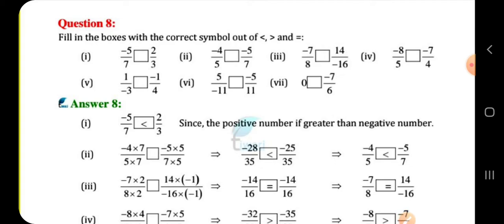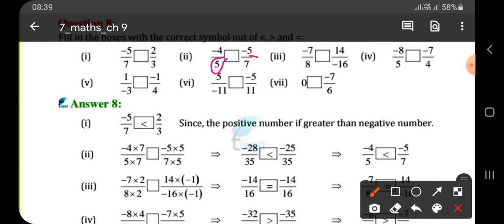Then second one, minus 4 upon 5 and minus 5 upon 7. Both the fractions are negative. But here you can see the denominators are different. So directly you can't say which one is greater.